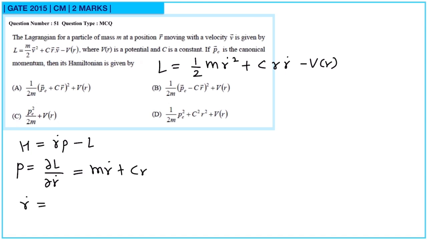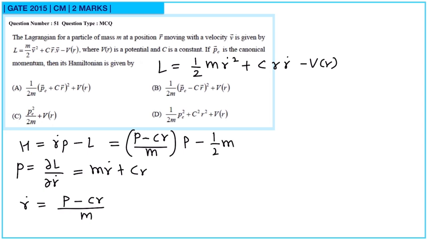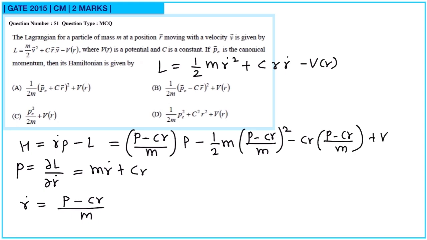So from here r dot is equal to (p minus c r) upon m. So H is equal to (p minus c r) upon m into p, minus L. L is half m times r dot, that is (p minus c r) by m, whole square, minus c r times (p minus c r) by m, and minus 1 makes it plus V of r.